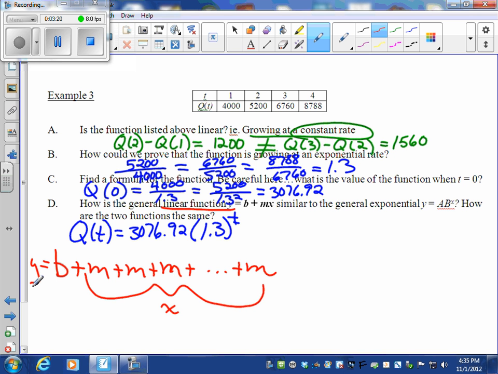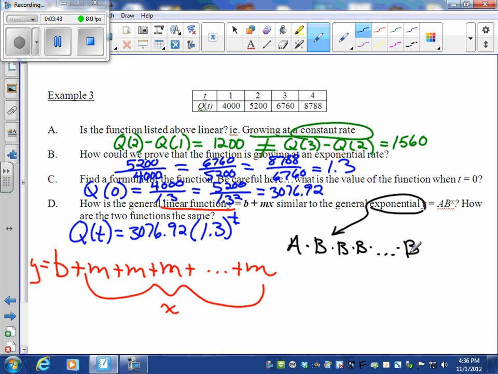So how does this differ from the exponential? Any ideas? Well, good. Hopefully you said there's only one small little change, and that is in an exponential you start with a, and rather than adding m every single time, you multiply by b every single time.